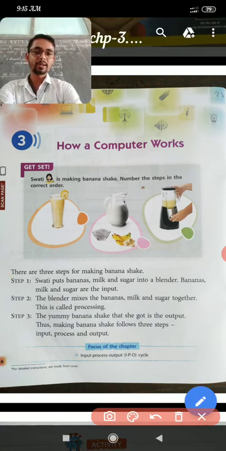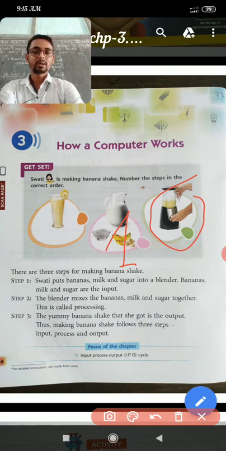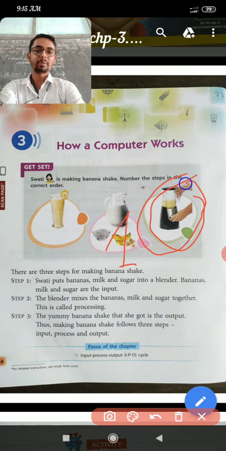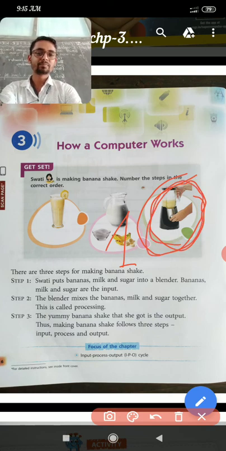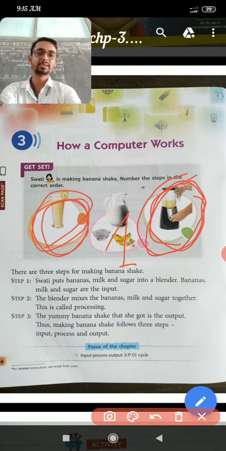To prepare a mango juice, what do we have to do? First we have to bring bananas from the market, and then we have to grind these bananas in a mixer grinder, and later we get the juice. So the bananas are what?